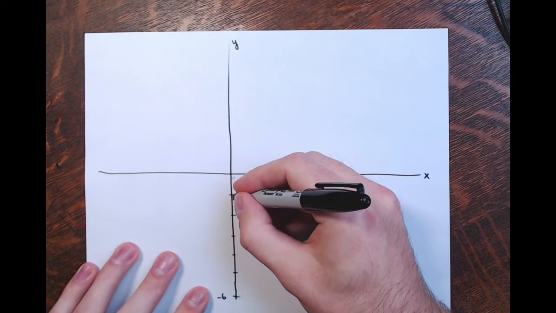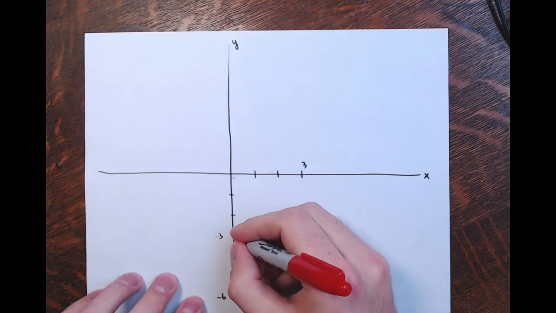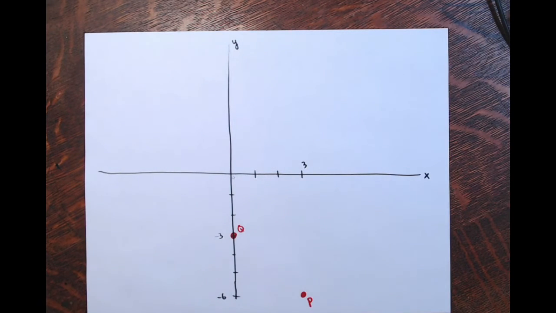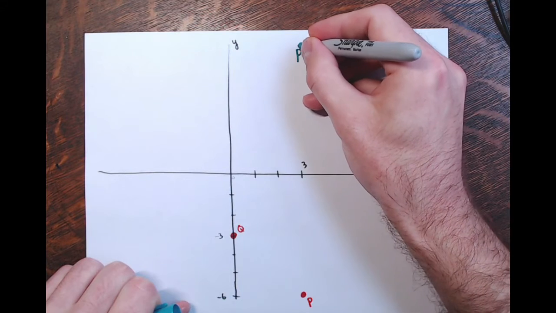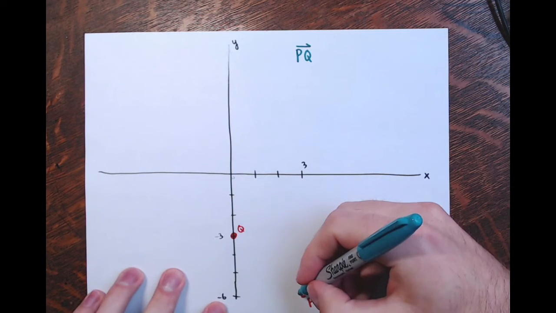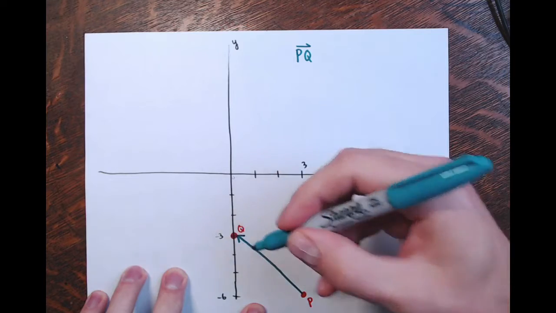So 0 and then -3. And here on the y-axis is point Q. And the vector is the vector from P to Q. Remember, the arrow tells you which direction the vector is going in. So starting from P, the motion to point Q here.